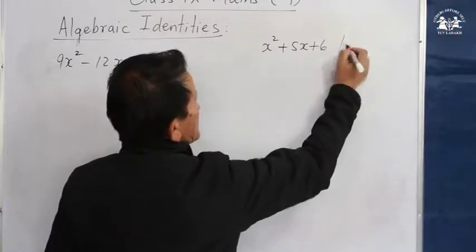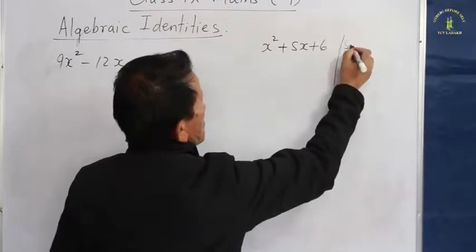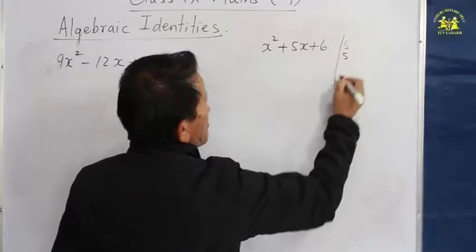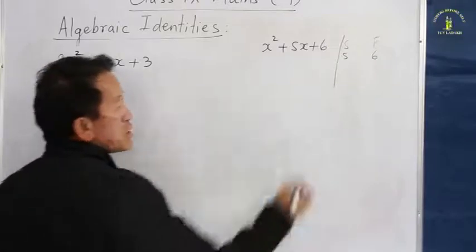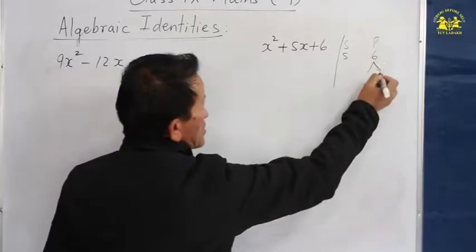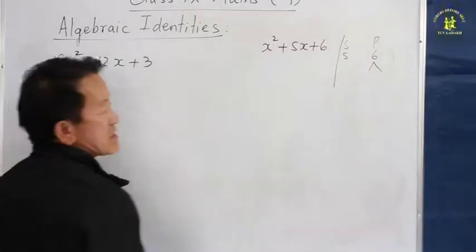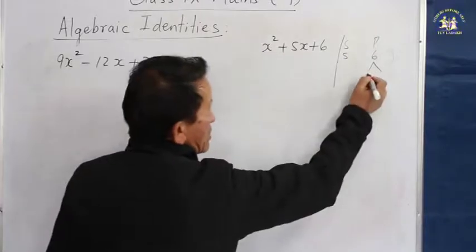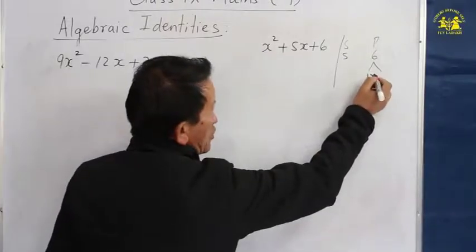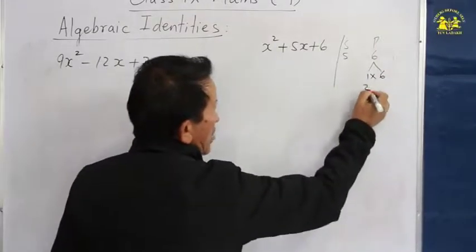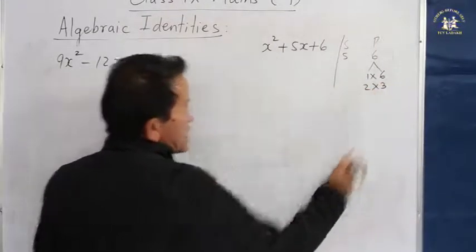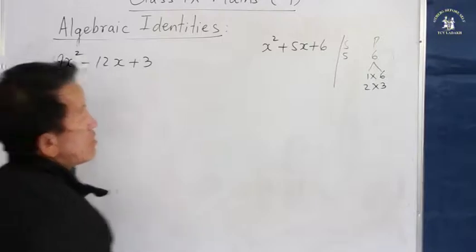We have the sum should be 5, and the product is 6. We shall try to find all the possible factors of 6. The first possible numbers are 1 6s are 6, the second one is 2 3s are 6, right?